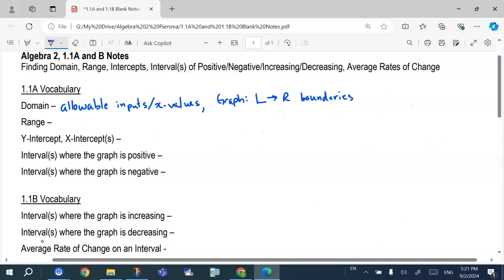The range is the possible outputs of a function, or the Y values of the function. If you're looking at a graph, you're looking from the floor to the ceiling boundaries.